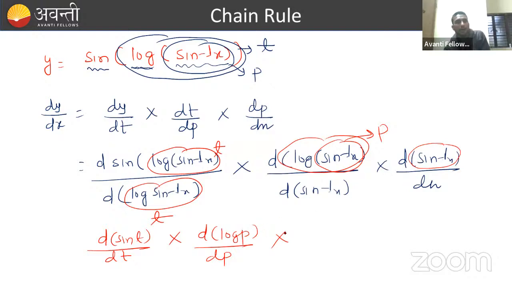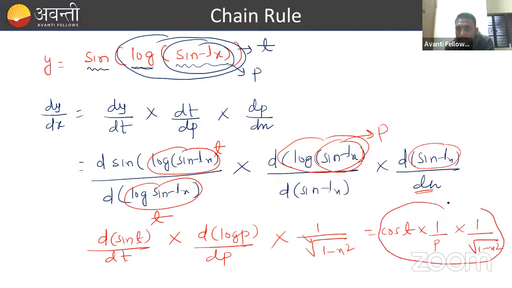Now d of sine inverse x divided by dx, I can simply write as 1 divided by root under 1 minus x square. This is easy. Then for sine t, I can write cos t, because now it is t, and then for log p, I can write 1 by p, because the derivative of log p is 1 by p. And then 1 divided by root under 1 minus x square.